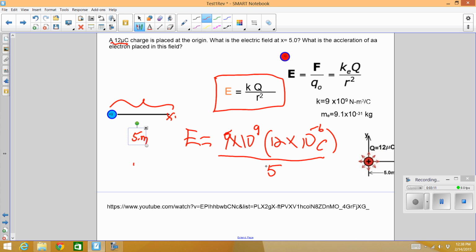So this will be 5 squared. If you do the calculation, you will find that this comes out to be 4,320 newtons per coulomb. That means if we placed a 1 coulomb charge there, it would experience a force of 4,320 newtons.